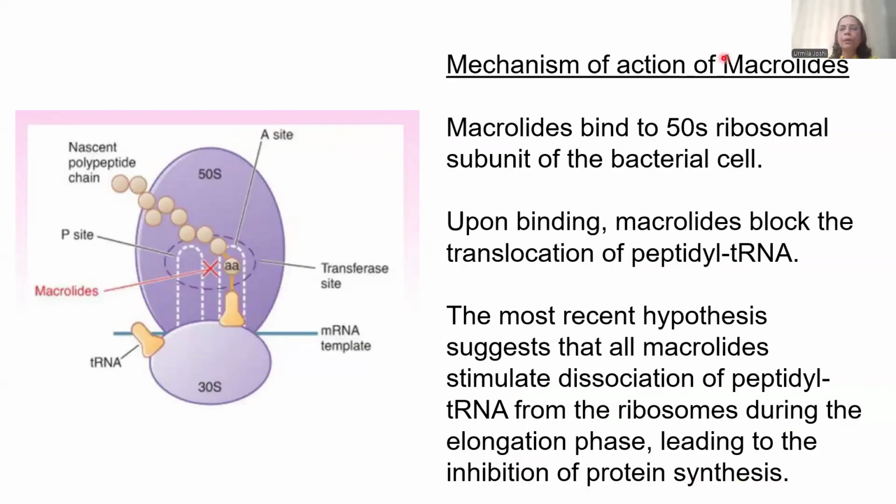I repeat, they bind to the 50S subunit. Upon binding, they block the translocation of peptidyl tRNA and therefore block protein synthesis. The most recent hypothesis states that it is not the translocation of tRNA that they block, but they stimulate dissociation of tRNA from the ribosomes and thus inhibit protein synthesis.